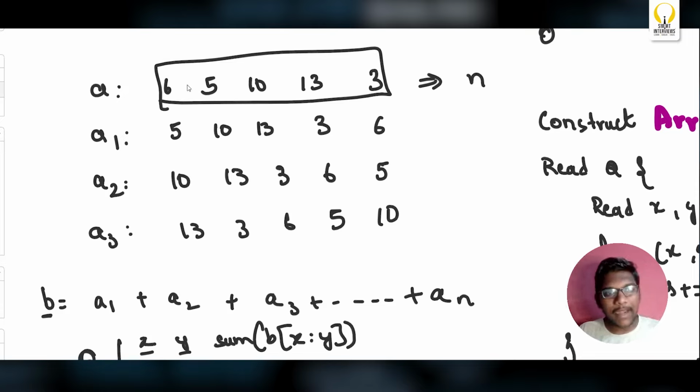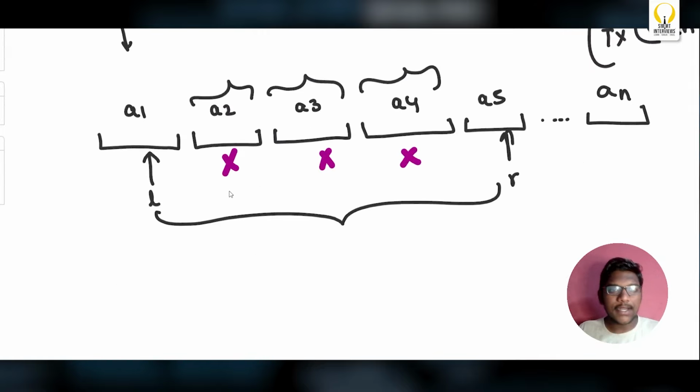If we can somehow find the array sum for this, let's say the array sum for this is K. Now can I say that the array sum is K for this as well, K for this as well, K for this as well.